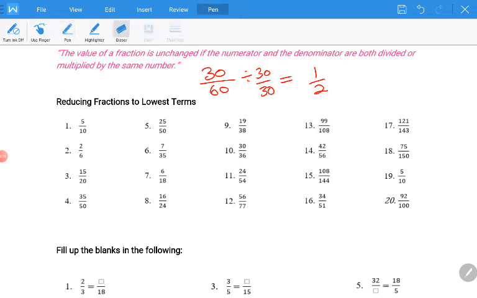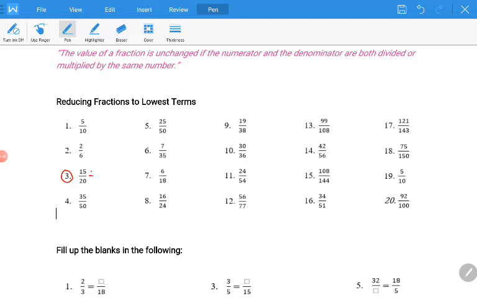So let's look at this first exercise that we are having. Let's look at question number 3. Here I can see that the highest common factor for 15 and 20 is 5.